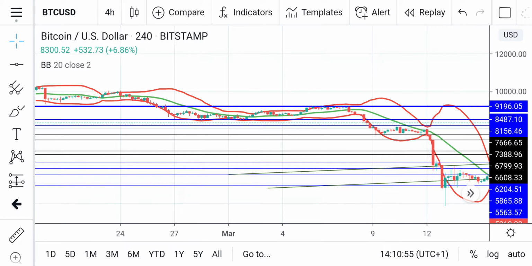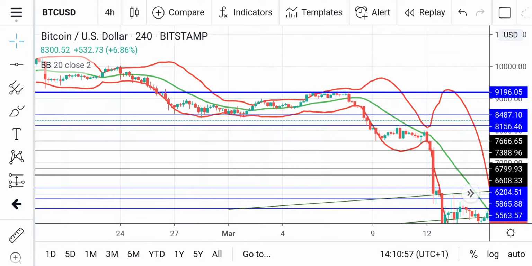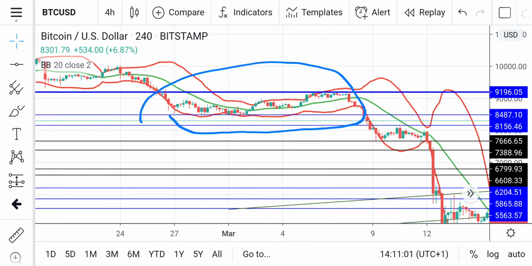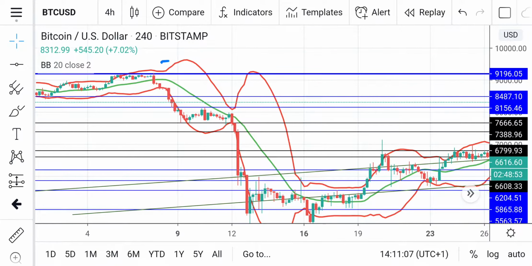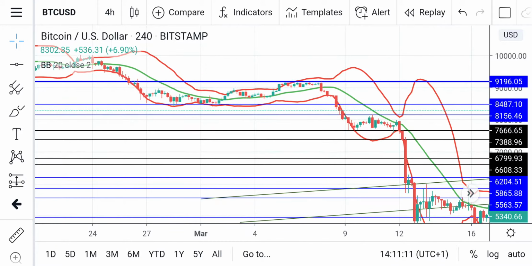Like over here, you can see that the Bollinger Band is squeezing, it's not as wide as this place. You can see that it has contracted. This is trying to tell you that the volatility is low.